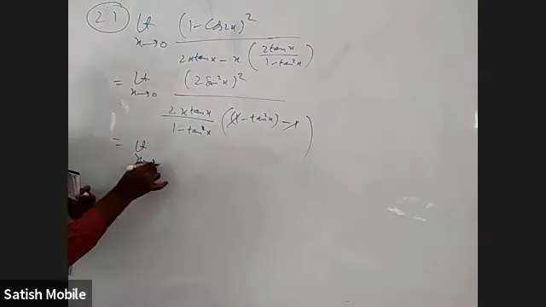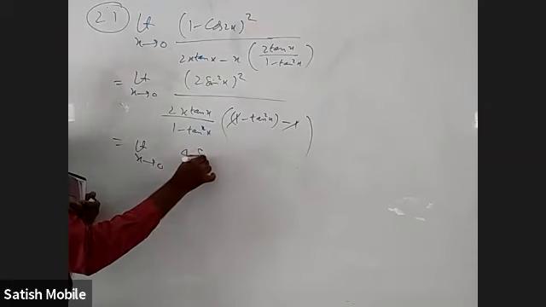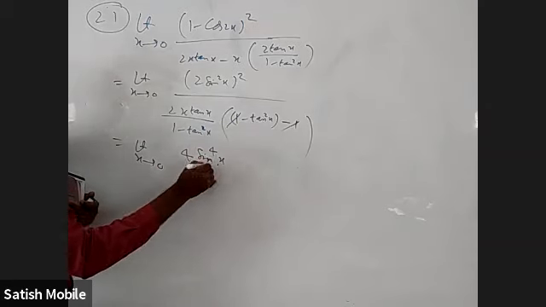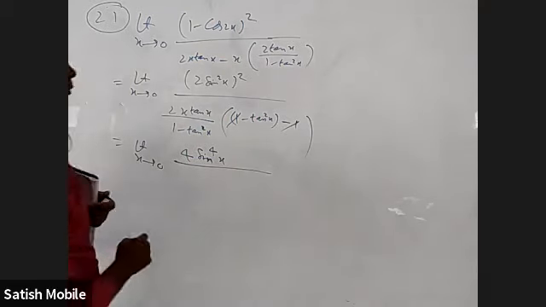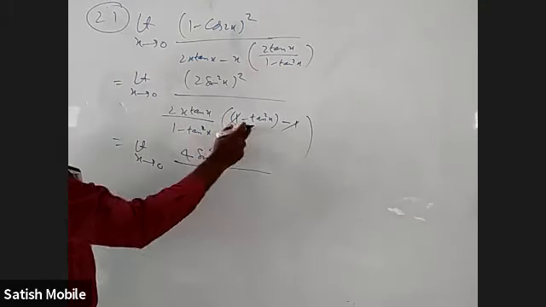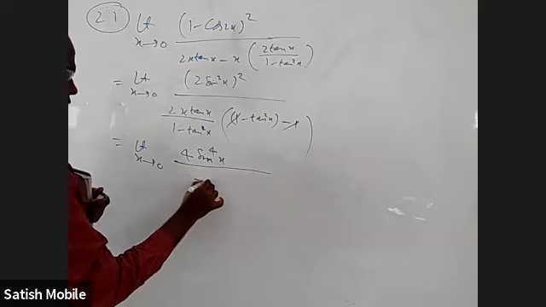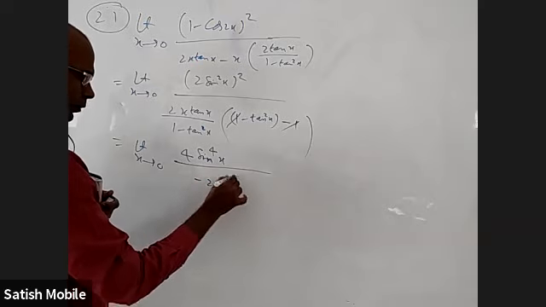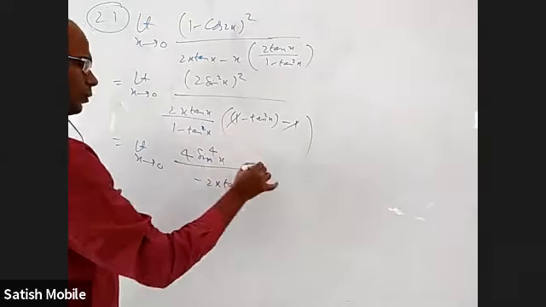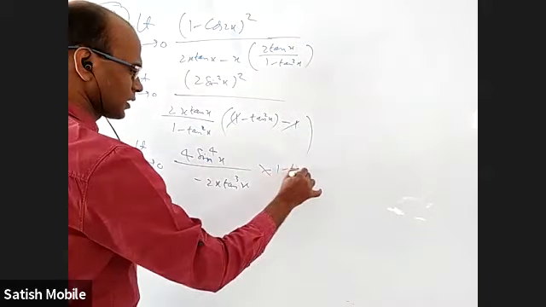So limit x tends to 0, this is 4 sine power 4x. This will be minus 2x tan cube x. And this will go up as 1 minus tan square x.